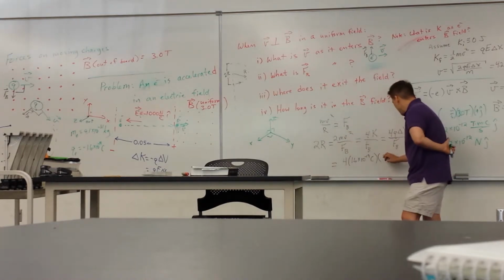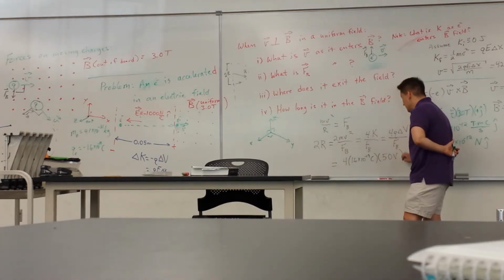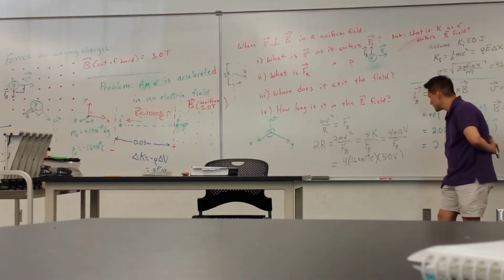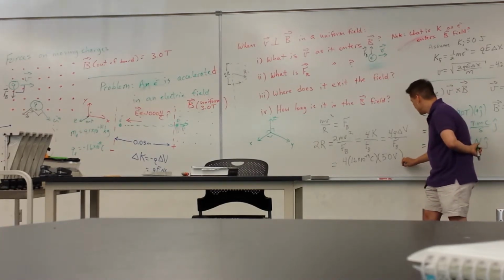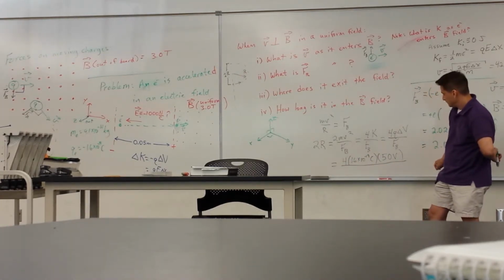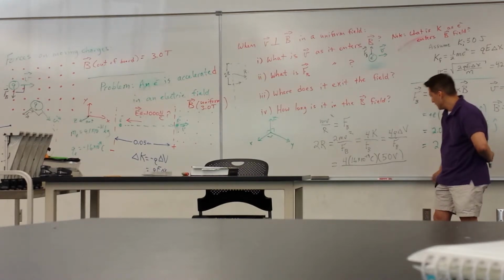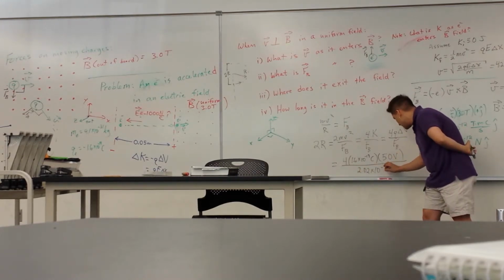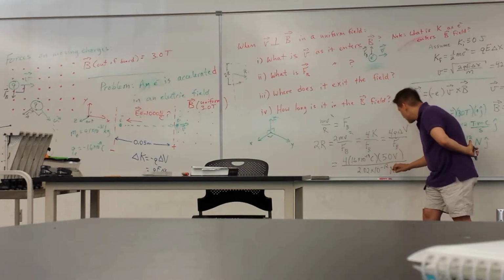And we had, wasn't it like 50 volts? 1,000 times 0.05. So it's, yeah, it's 50 volts. Not a lot of field. And then we divide this by 2 times 10 to the negative 12 newtons.